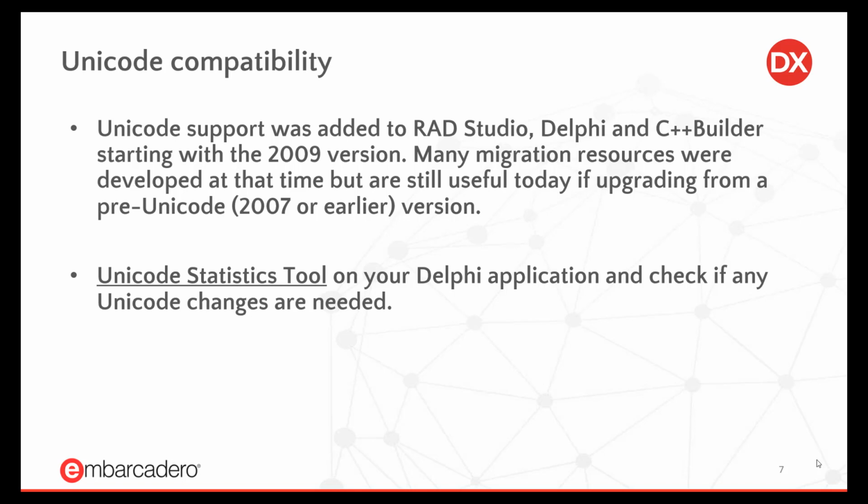Now, starting with the version released in 2009, strings, chars, and PChars in Delphi no longer point to this single byte structure. Now they point to a multi-byte structure that is going to allow us to show these representations of additional character sets, encodings, alphabets in a single application.